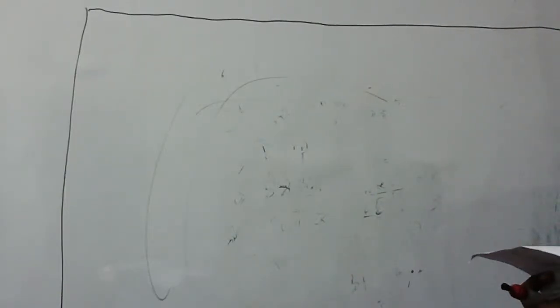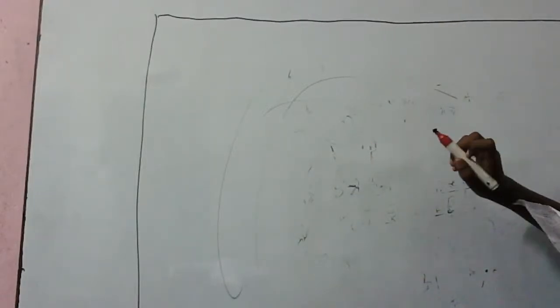Now, I. If 52 men can do a piece of work in 35 days, then 28 men will complete in how many days? So, it is a case of inverse variation.